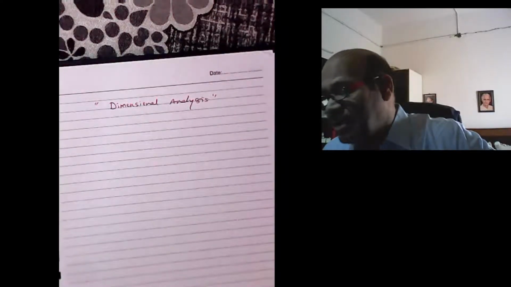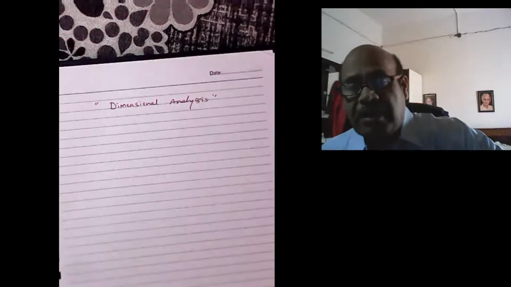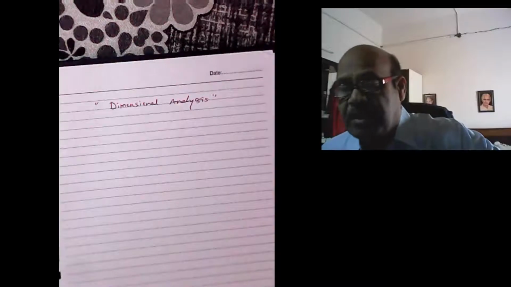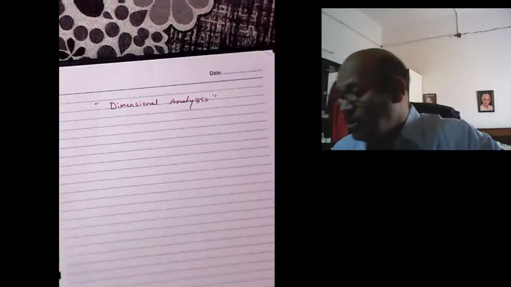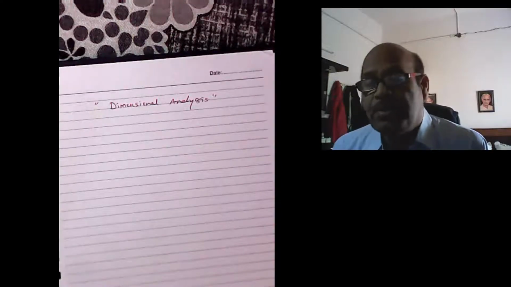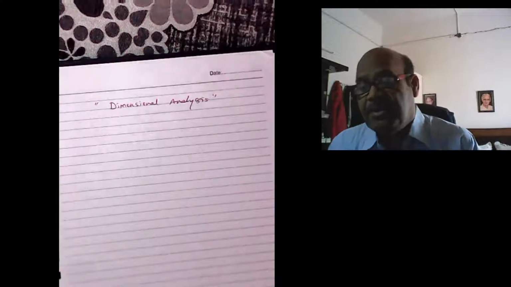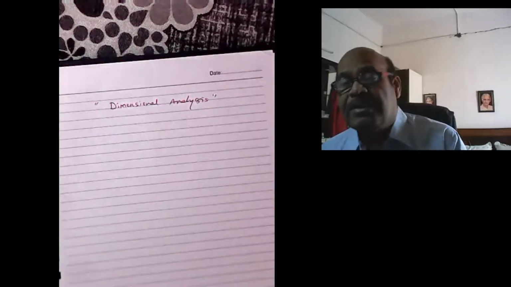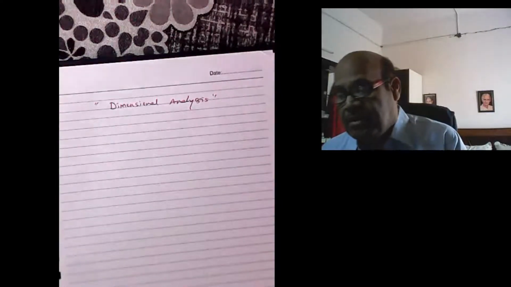Supposing there are so many parameters involved in the relationship, we have to perform the experiments very categorically, systematically. So what we do in dimensional analysis is we arrange the parameters in non-dimensional groups, and then we do the experimentation systematically by studying the effect of one group on another, while the rest of the groups are kept constant.